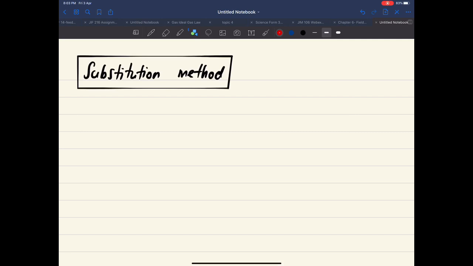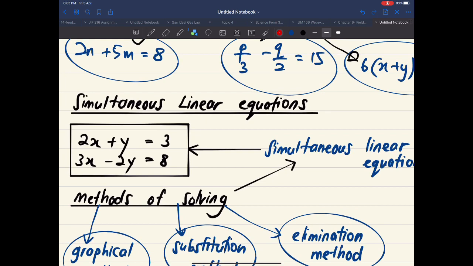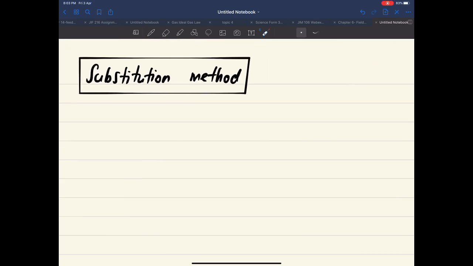As in the previous question, I'll just use the same equations: 2x plus y equals 3 and 3x minus 2y equals 8.